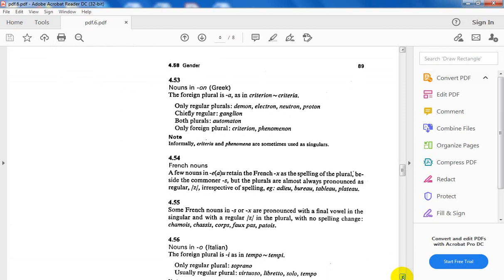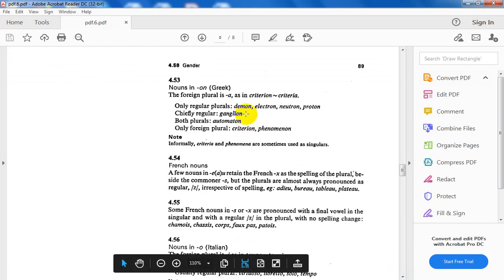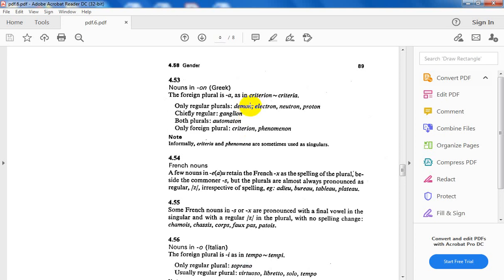Nouns in ON, again they are Greek nouns. If the noun ends with ON, like criterion, this ON becomes A. Criterion, criteria. Only regular: demon, though they end with ON, I will add S when pluralized.